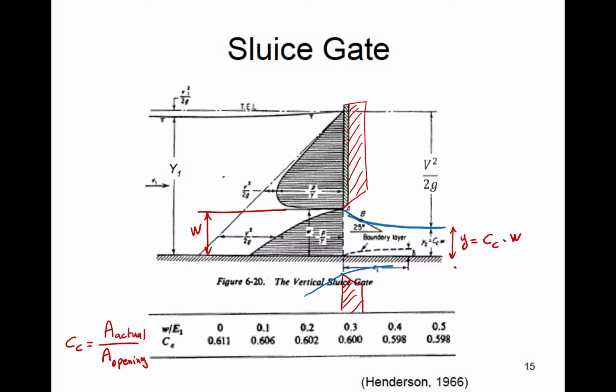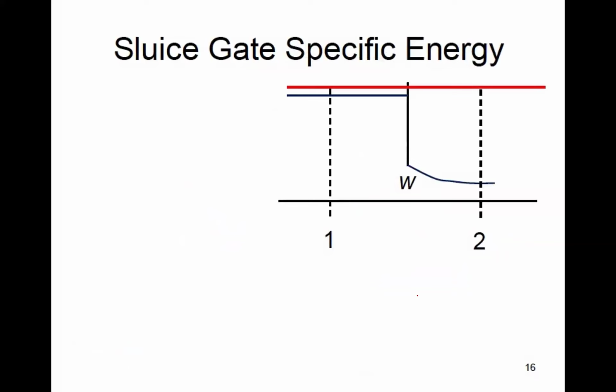Now, how do we use this as a hydraulic control structure? If we have a gate, very likely we're going to have supercritical flow downstream because it's choking, and the depth of the supercritical flow will be CC, 60%, times the gate opening. So let's see how we use it and how we formulate this. This is a sluice gate, section 1 and 2, upstream and downstream.